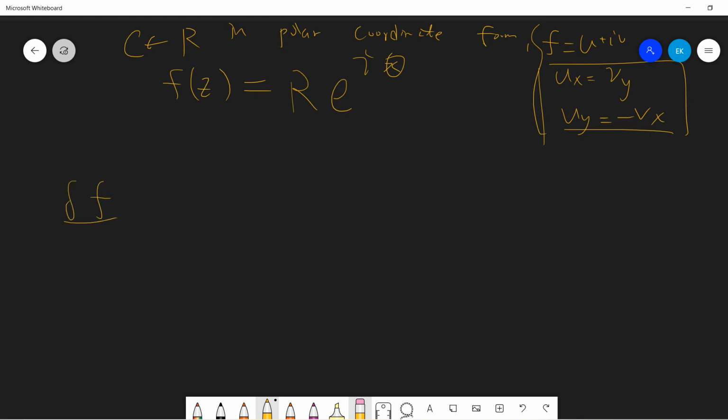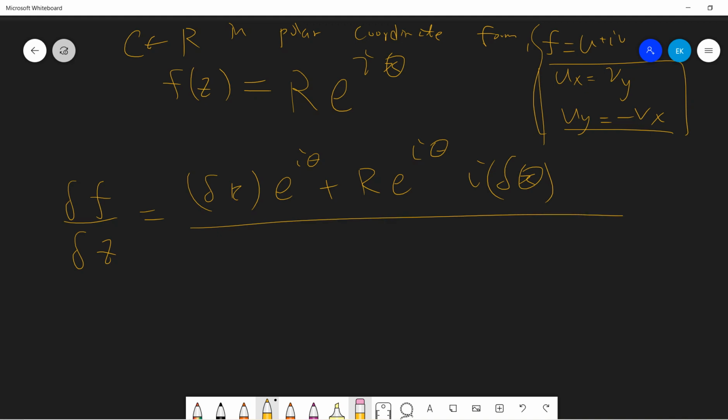We just follow delta f over delta z. By the way, this f now looks like capital R times e to the i capital Theta, and it's basically the standard Leibniz rule. And what is this delta z? z is just small r times e to the i small theta. We just copy this.